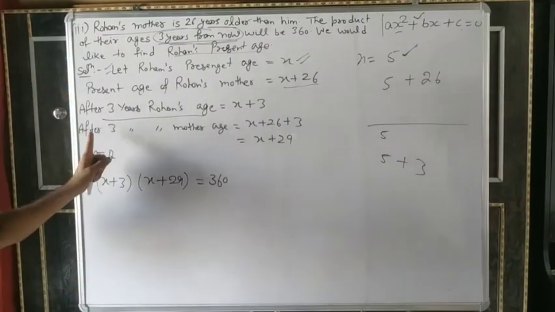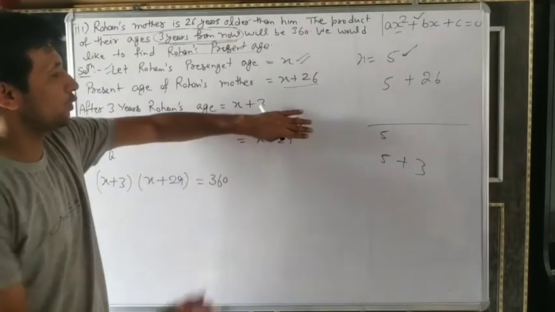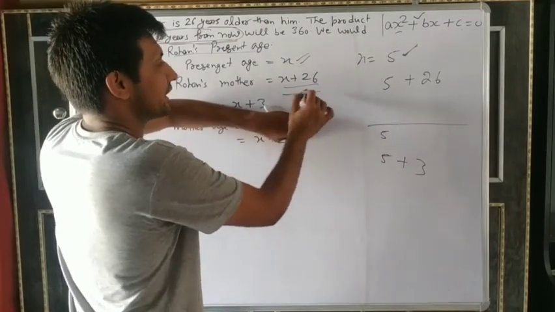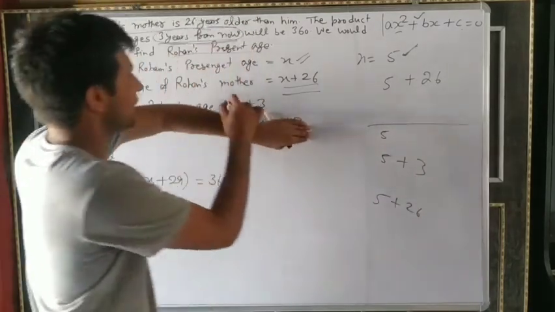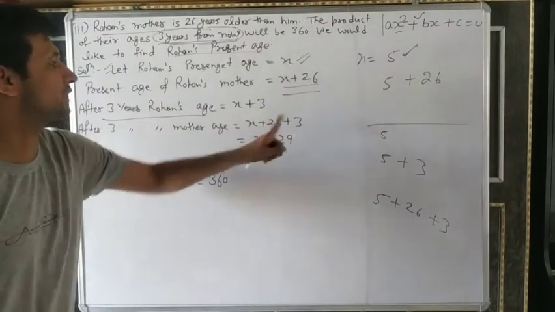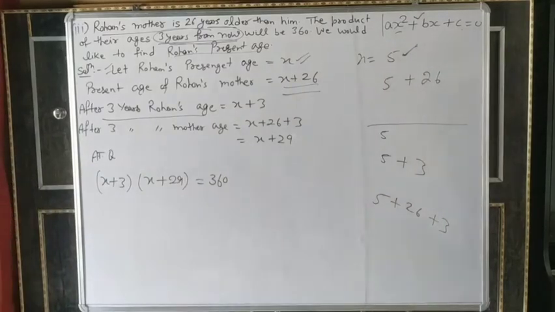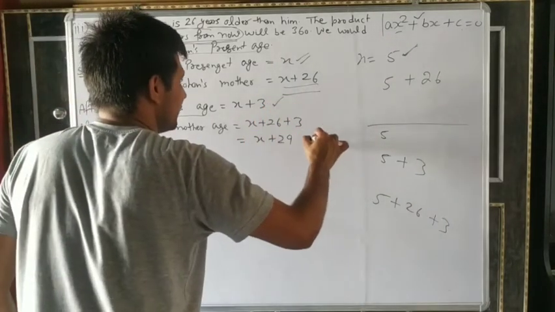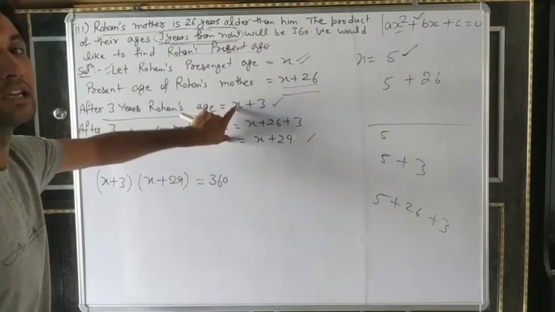Same way, Rohan's mother's age today is x plus 26, and after 3 years plus 3 also: x plus 26 plus 3, which is x plus 29. So these are both ages, his mother's and Rohan's, after 3 years.